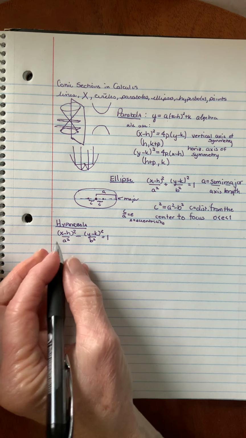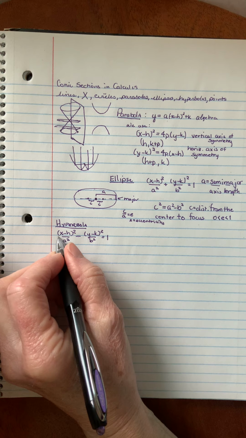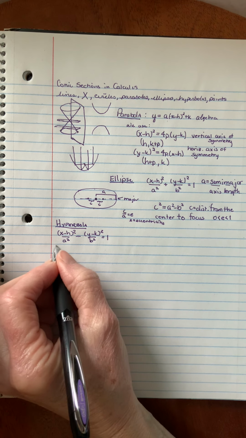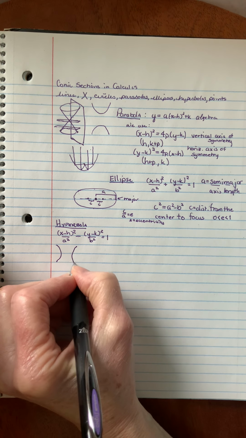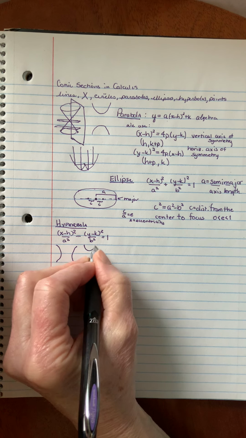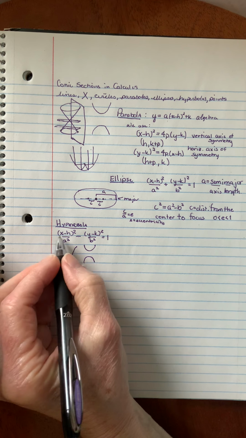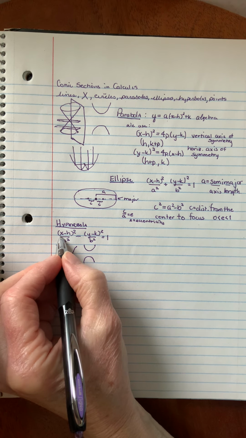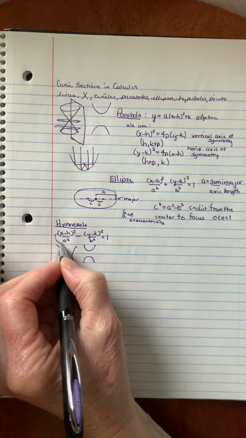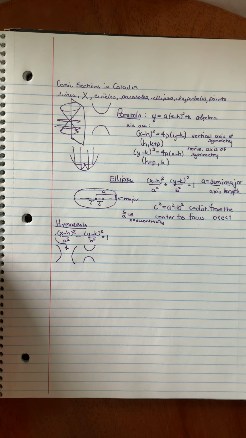The one that's positive directs how this thing opens. So hyperbolas look like this, or like this. This one opens in the x direction, so it looks like that one. If I had positive in front of y squared, it would open up and down. So that's the coding for that.